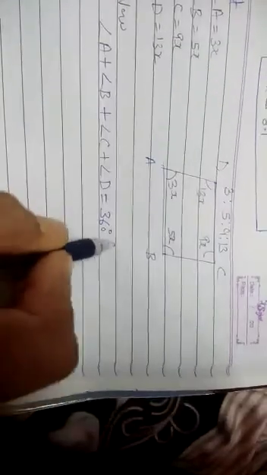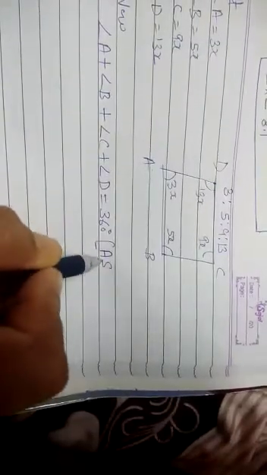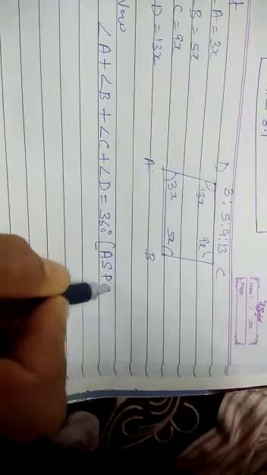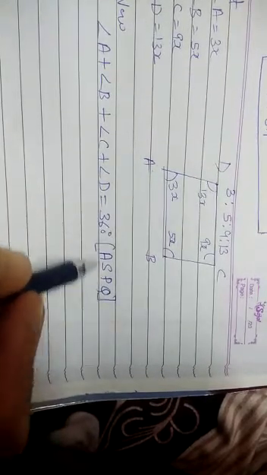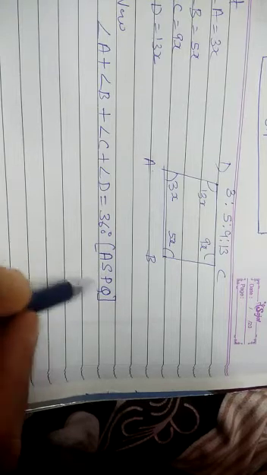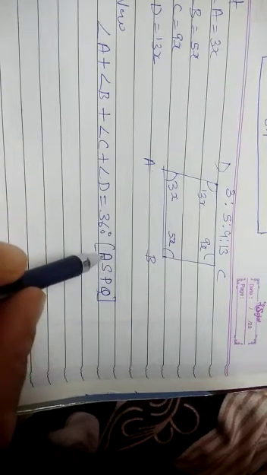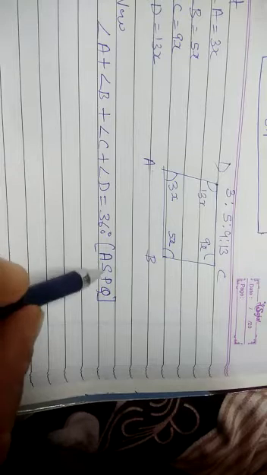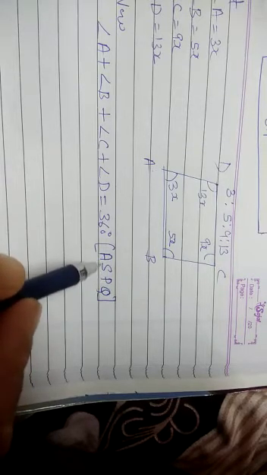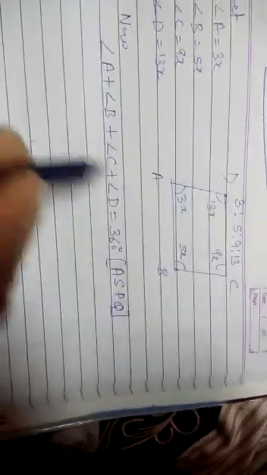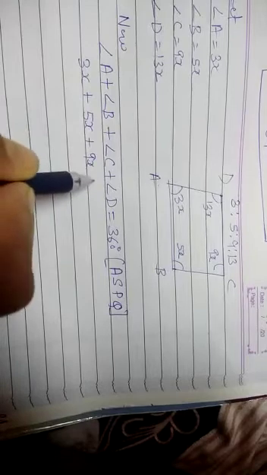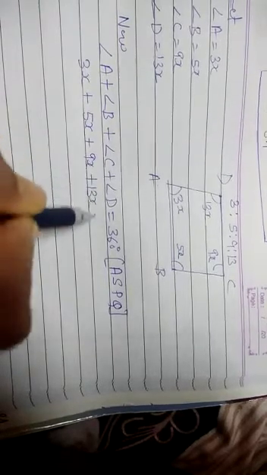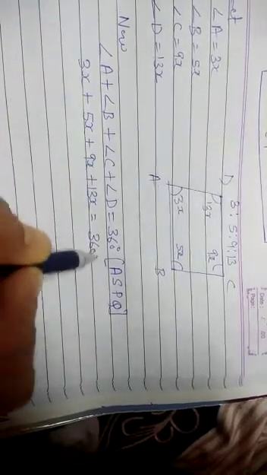This is called the angle sum property of a quadrilateral, just like the angle sum property of a triangle. Here we have a quadrilateral, so we will write its short form as ASPQ. Now 3x plus 5x plus 9x plus 13x equals 360 degrees.